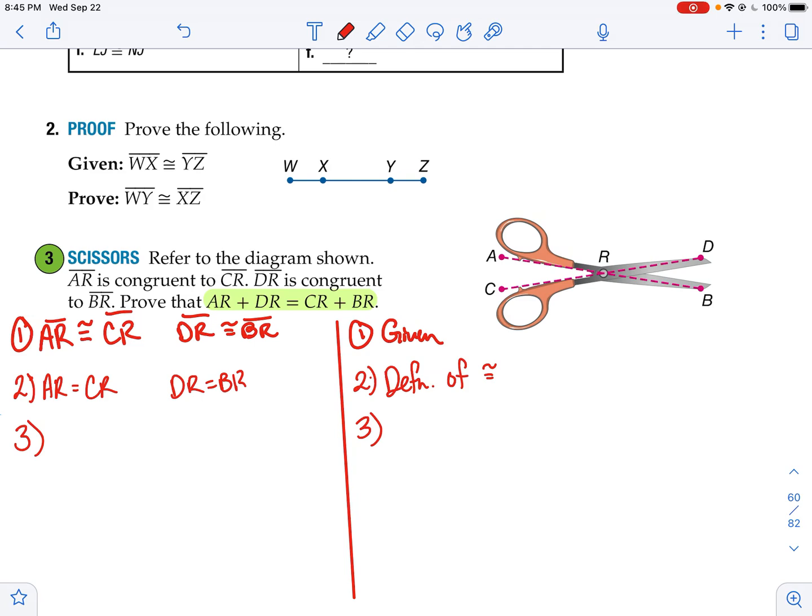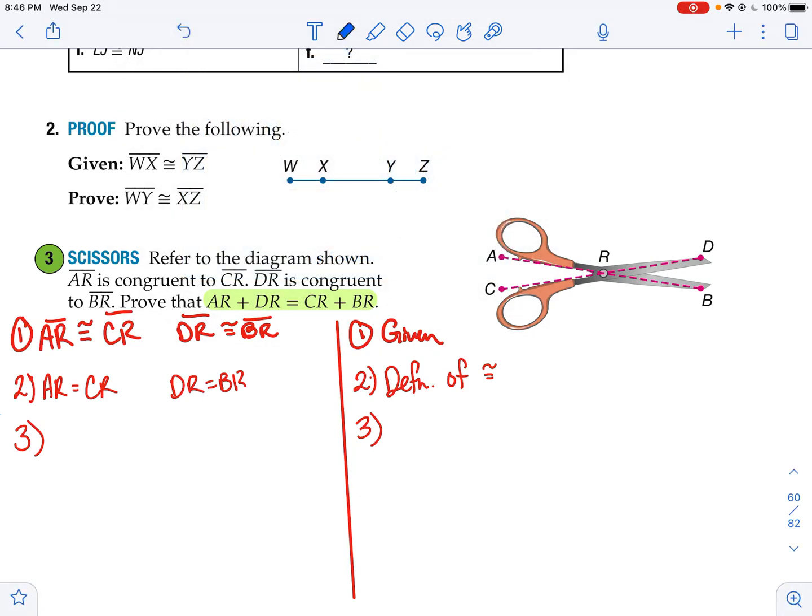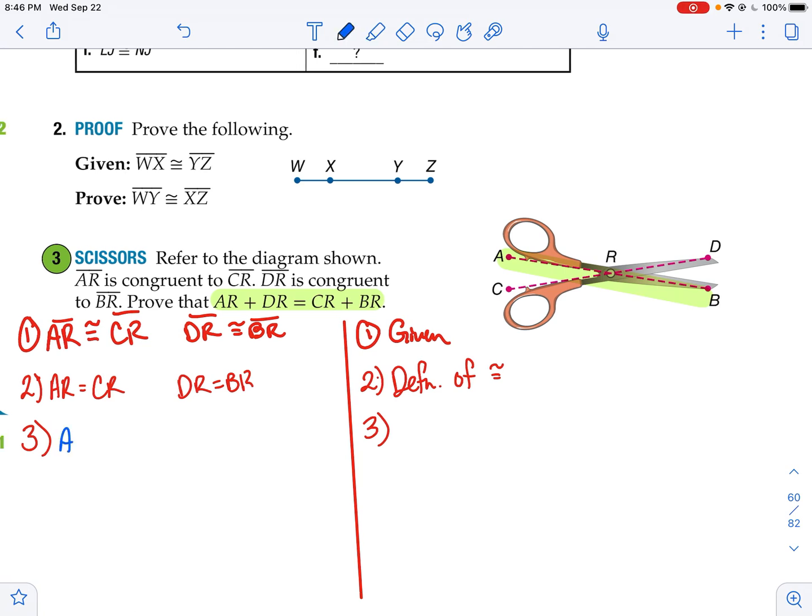I'm going to need to do some segment addition because that's our big lesson for today, segment addition. Well, what segment addition can I do with ARB? Well, I can say that AR plus RB equals AB.